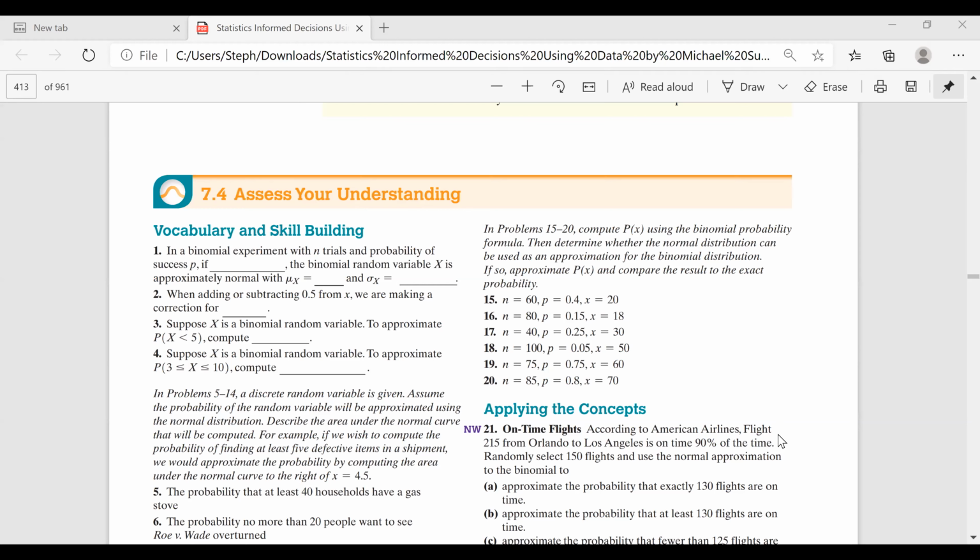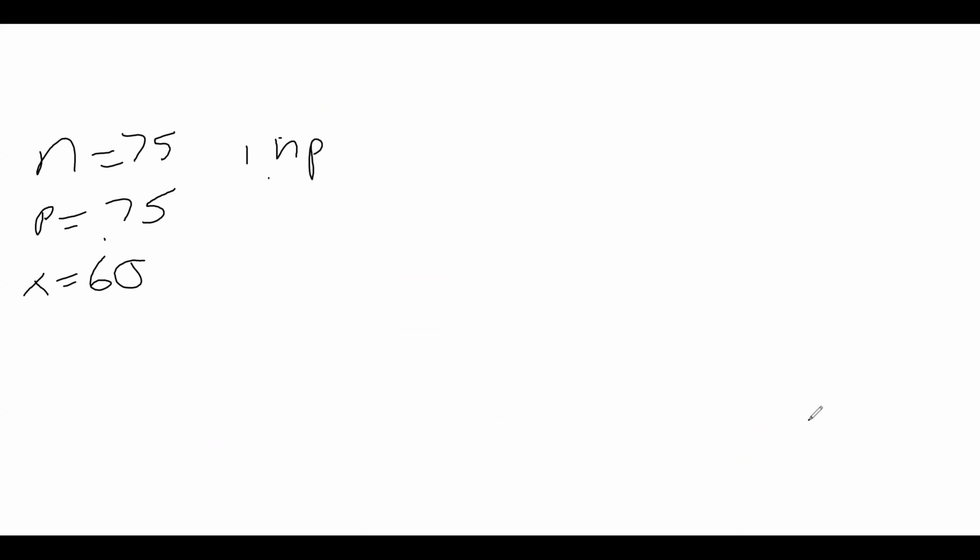Okay, so n equals 75, p equals 0.75, x equals 60. So step 1 is to make sure that np times 1 minus p is greater than or equal to 10. That will tell us whether it can be an appropriate approximation.